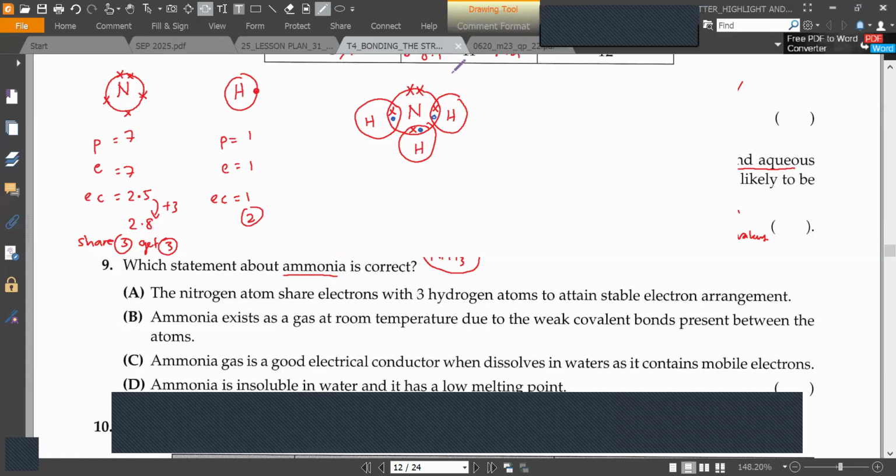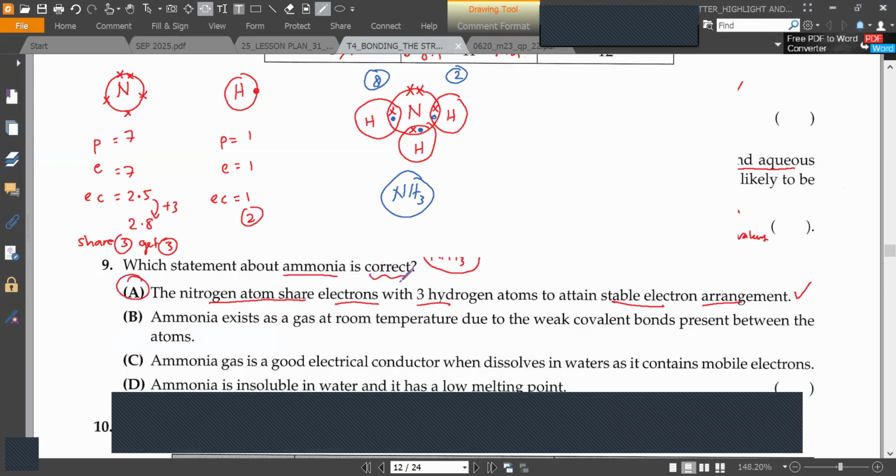In the end, each hydrogen has 2 outer electrons and nitrogen will have 8. So the correct formula must be NH3, it cannot be NH2 or N2H2. This is the only arrangement that gives the full shell, stable electron arrangement: nitrogen sharing electrons with 3 hydrogen. So this is the correct answer.